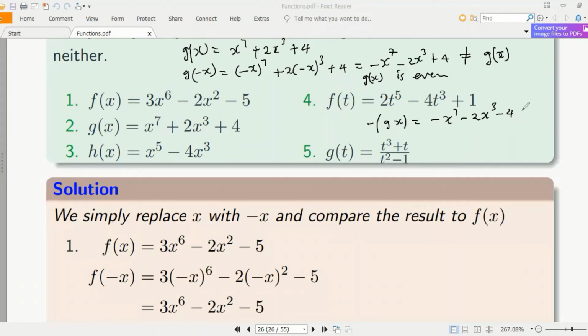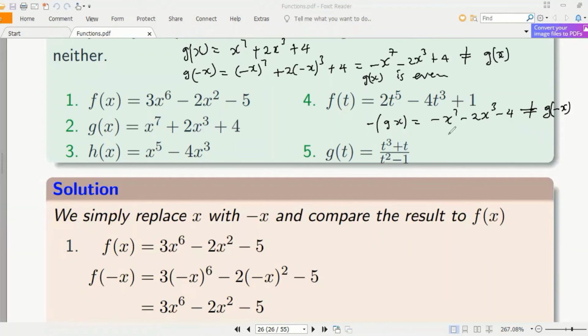And this is not equal to g of negative x. Negative multiplied by g of x is not the same as g of negative x.